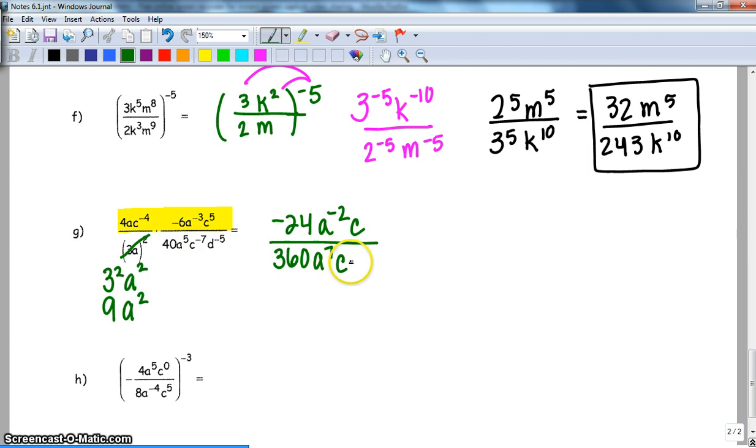C to the negative 7, D to the negative 5. So now I will go ahead and I will start reducing. Negative 24 over 360 is negative 1/15.